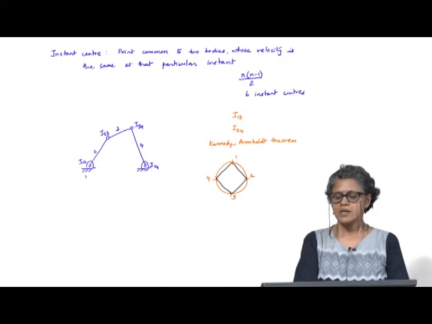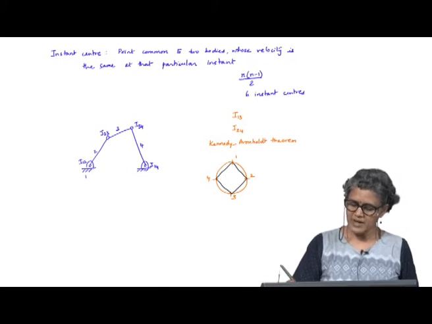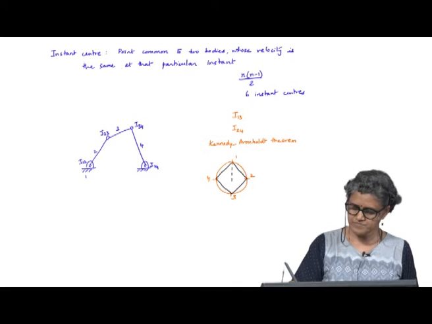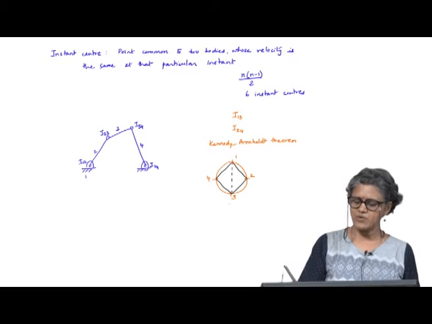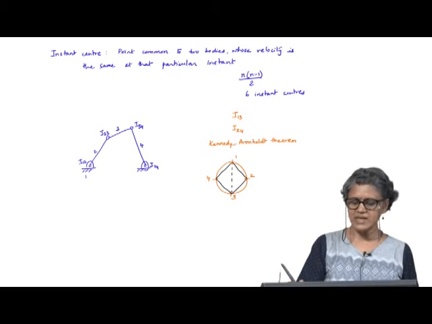Okay. Now, I want to find 1 3. If I look at this diagram, 1 3 is a common side to 1 2 and 2 3. Similarly, for 1 4 and 3 4.